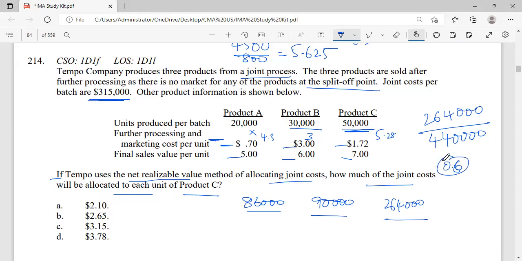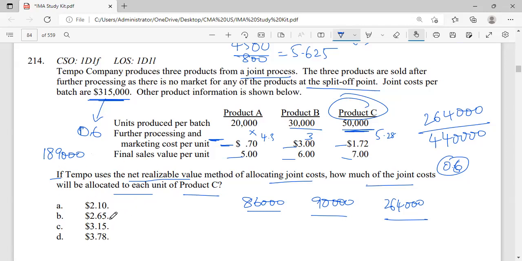0.6, it is. Now 0.6, what can I do directly? I can just go 315,000 into 0.6. I'll get my cost as 189,000, which I have to allocate to product C. Now this 189,000 which I have to allocate to product C, if that was the question, the 189,000 was the answer.